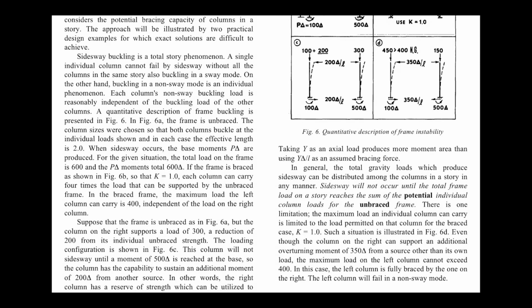A single individual column cannot fail by sideway without all the columns in the same story also buckling in sideway mode. On the other hand, buckling in non-sway mode is an individual phenomenon. Each column's non-sway buckling load is reasonably independent of the buckling load of other columns.